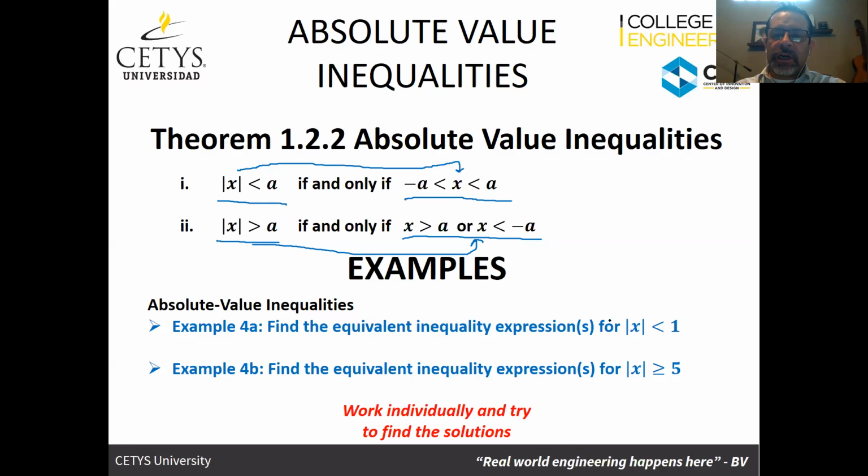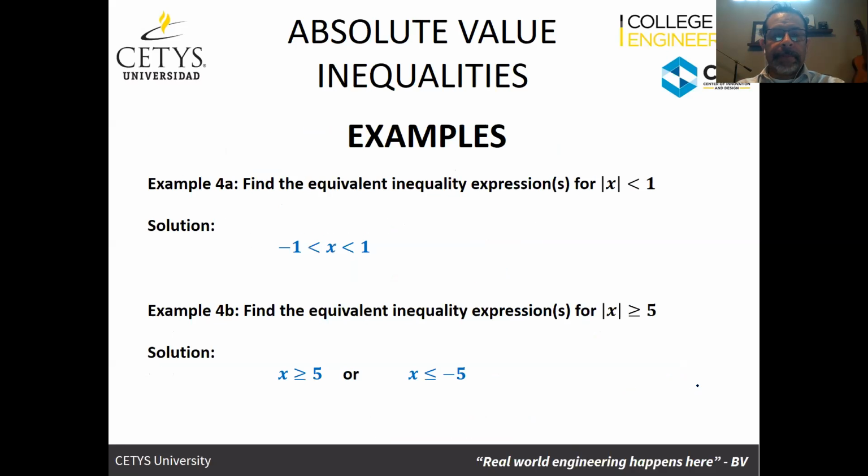So let's find the equivalent inequality expressions for these two situations: the absolute value of x less than 1 and the absolute value of x larger than or equal to 5. Let's look at the first one. If I have the absolute value of x is less than 1, the less than means that the solution set has to be between the negative quantity, which would be minus 1, and the positive quantity, which would be 1.